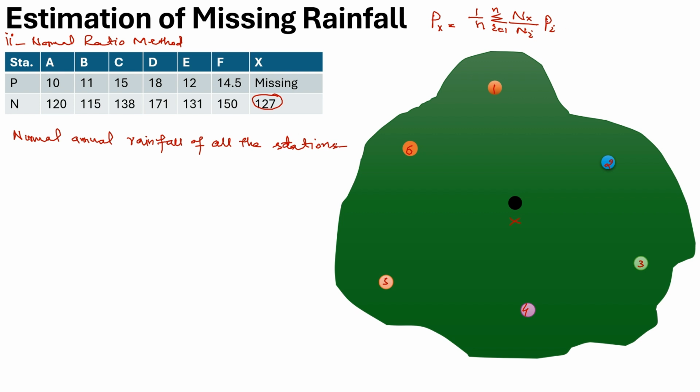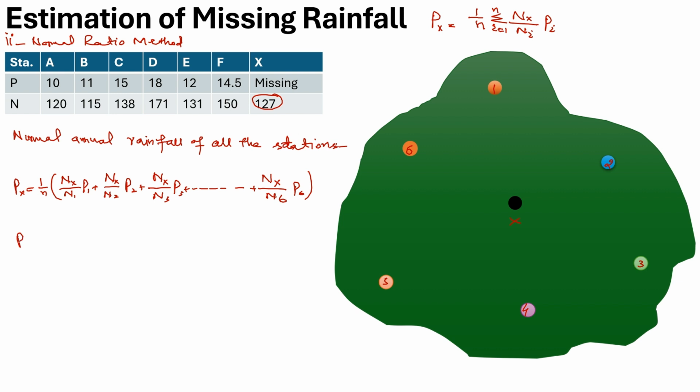If we are using the precipitation of the first station, P1, then we will use the normal rainfall of the first station, N1. So if we apply this scenario to this specific catchment area, Px will be equal to 1 by n times Nx over N1 into P1, plus Nx over N2 into P2, plus Nx over N3 into P3, plus so on up to the sixth gauging station, Nx over N6 into P6.